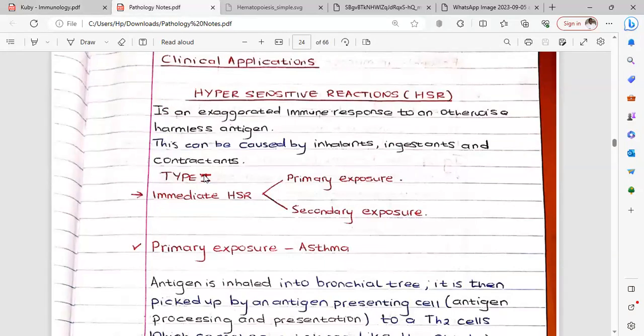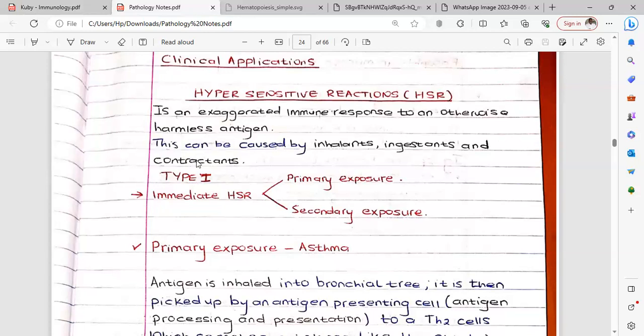Hypersensitivity reaction is basically an exaggerated immune response to an otherwise harmless antigen. We have inhalants such as pollen, ingestants that you take, and also contactants, but I don't know an example of a contactant. If one of you has, you might share.